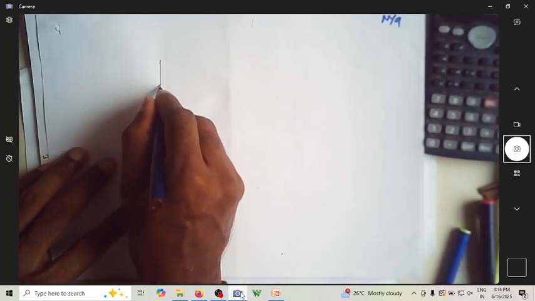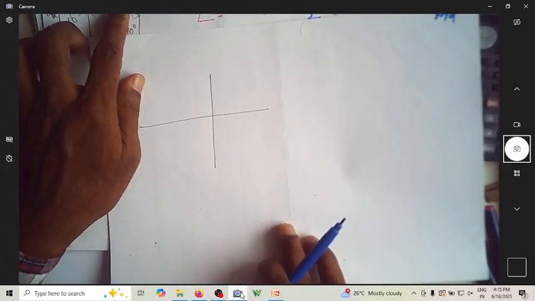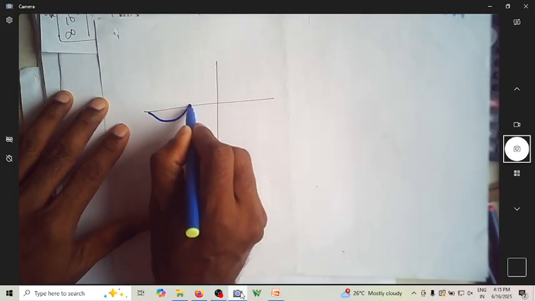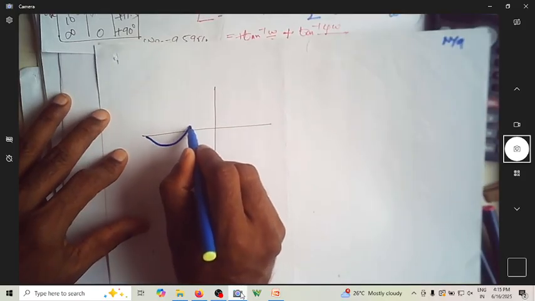Okay, now let us plot this. How do I plot? This is my GH plane. The phase goes from minus 180, again goes like this, and then going at plus 90.